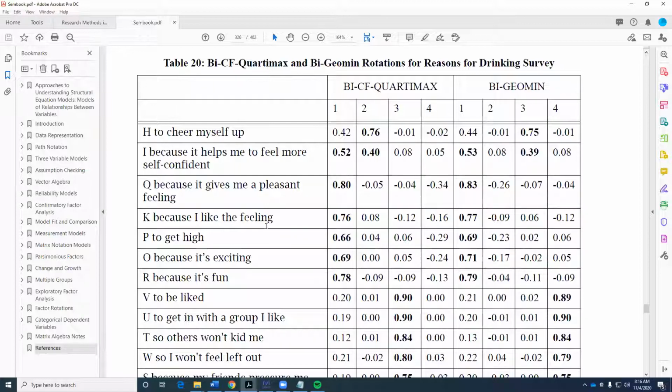Notice that we don't have a way at this point to do a rotation that would correspond to, say, a random intercept factor model. If we think back to random intercept models, a random intercept model had one factor where all of the loadings were fixed to 1 with a freely estimated variance, and another factor with a factor variance fixed to 1 and all of the loadings free, and no correlation between those two factors.